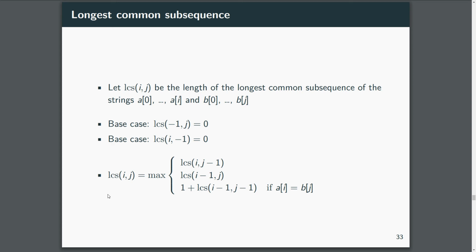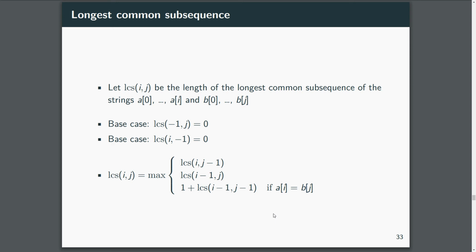And then in the general case, you have 3 options. The first one: if the characters at index i in A and index j in B match, so if this condition here holds, then we can choose to add that to our subsequence, increasing the answer by 1, and asking, okay, what is the answer at indices i minus 1 and j minus 1?